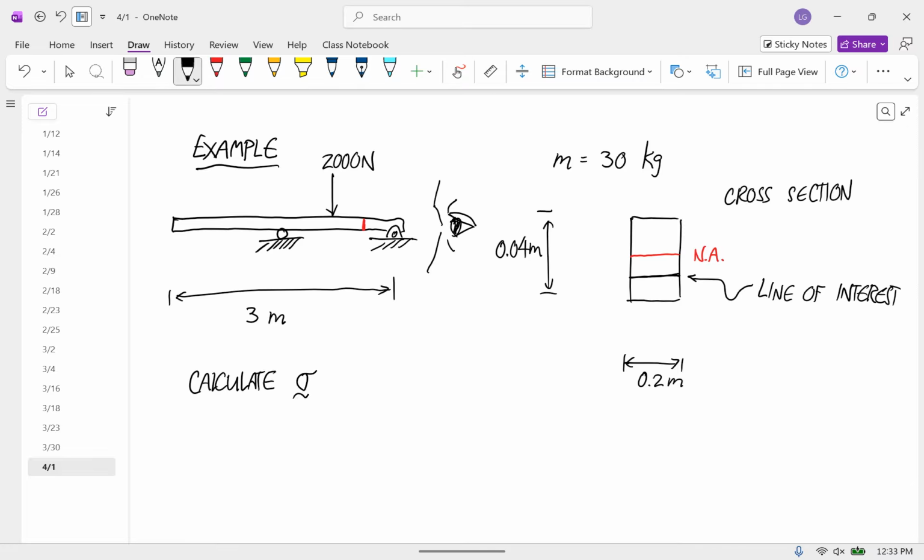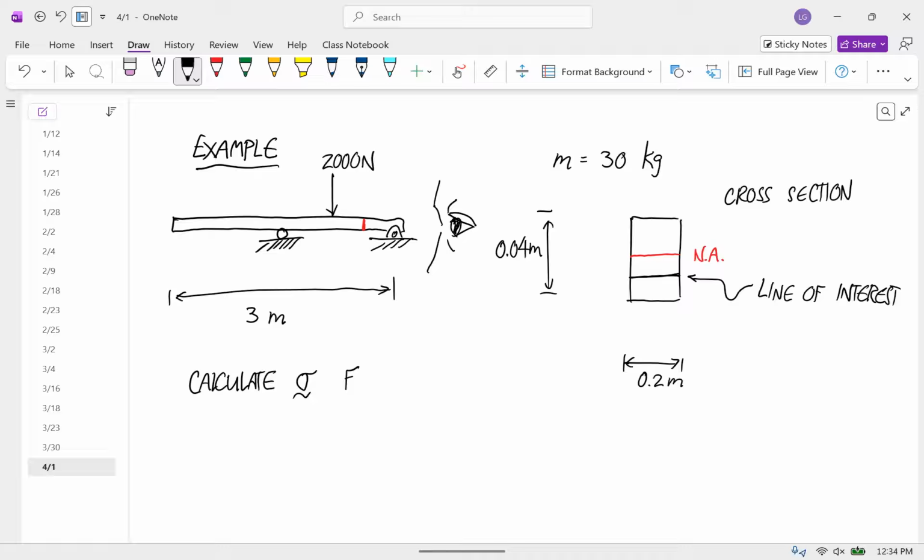The other red line is the cross section, the one on the left. We are going to be calculating stress tensors on this x value of the beam, at this point on the beam and along this line on the beam. So this specifies a cross section.